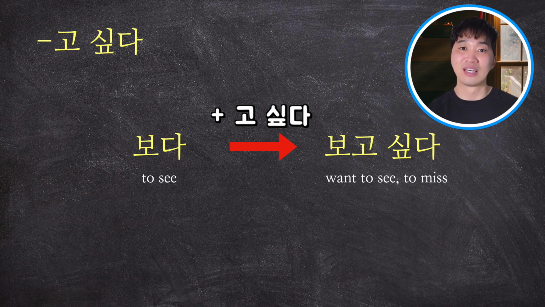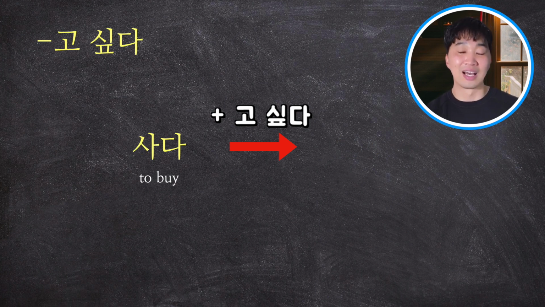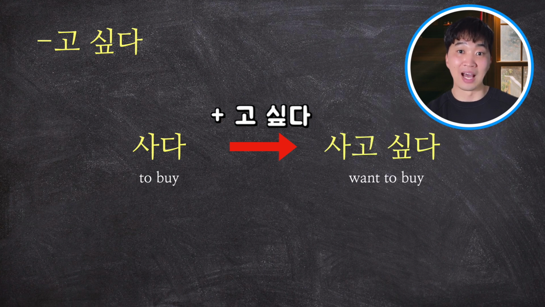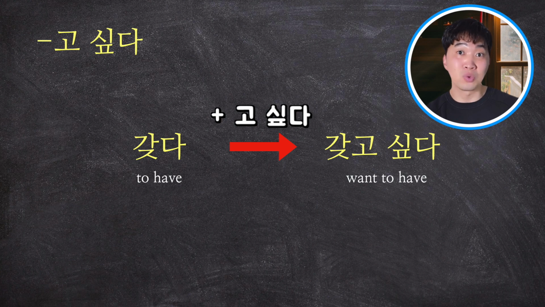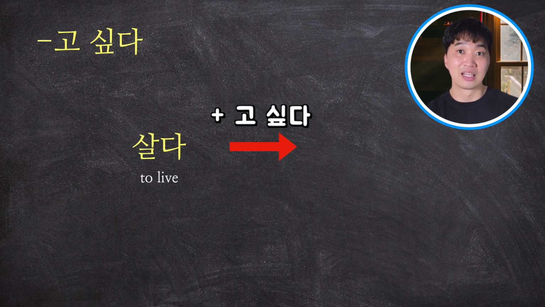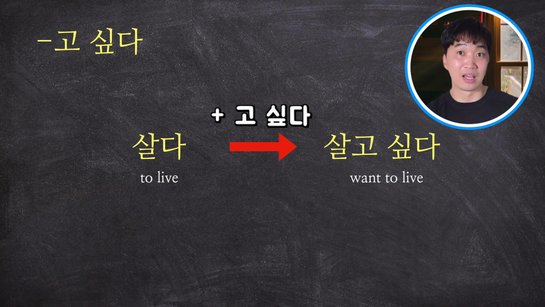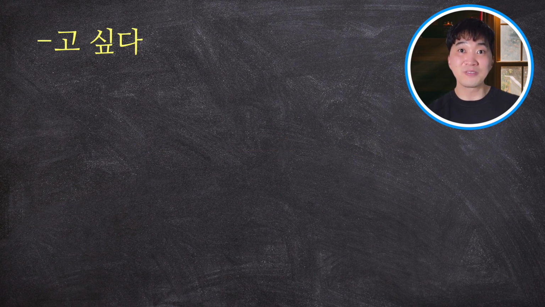Good. 사다, 사고 싶다. 갖다, 갖고 싶다. 살다, 살고 싶다. Well done. Okay, now I'm gonna ask you some questions and you look at the picture and answer to me.